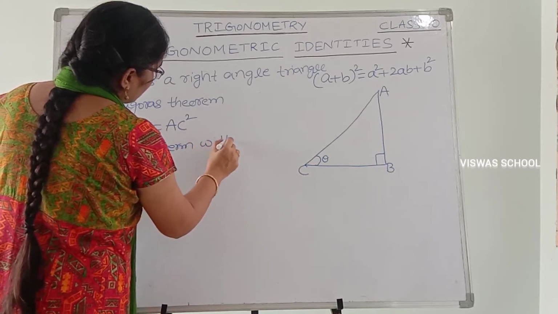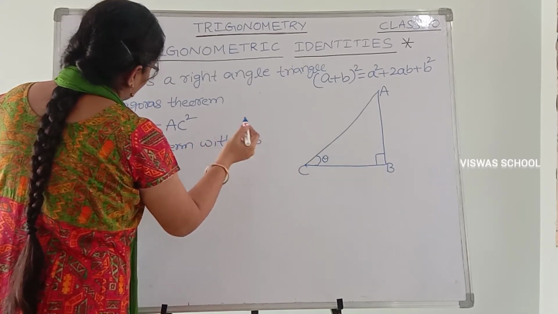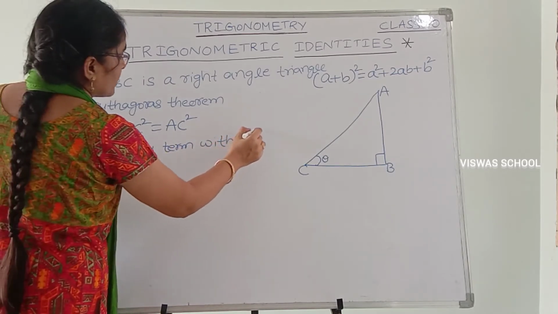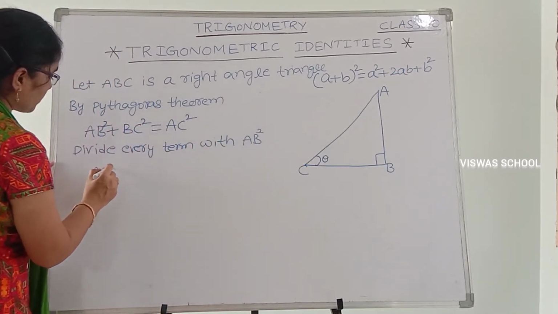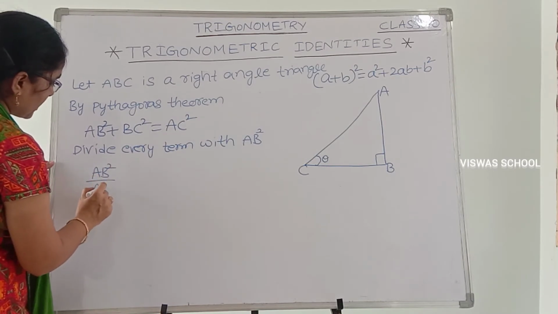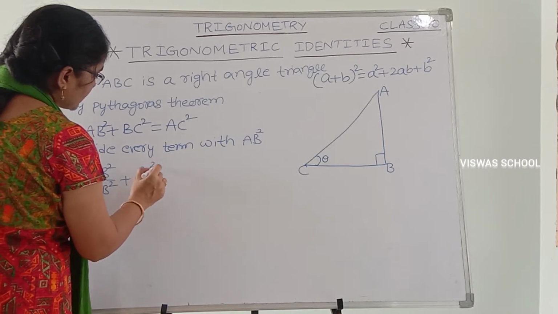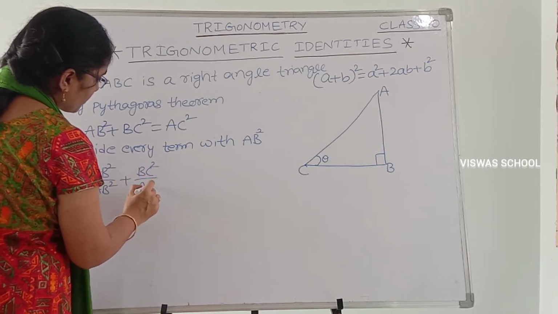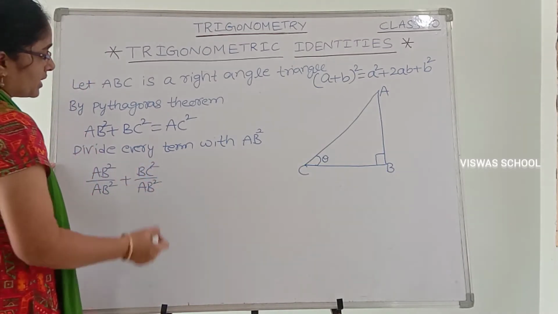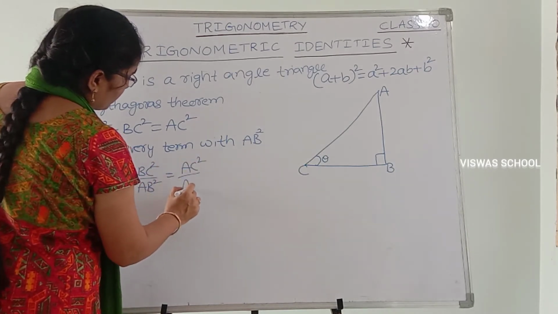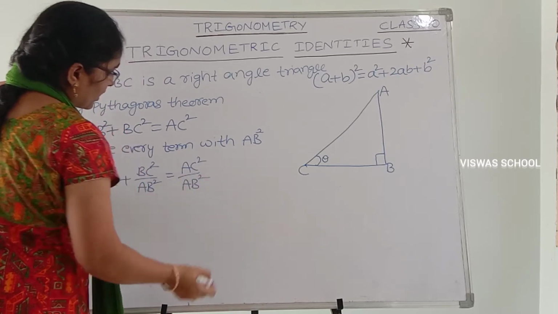Divide with AB square: AB square by AB square plus BC square by AB square equals AC square by AB square.